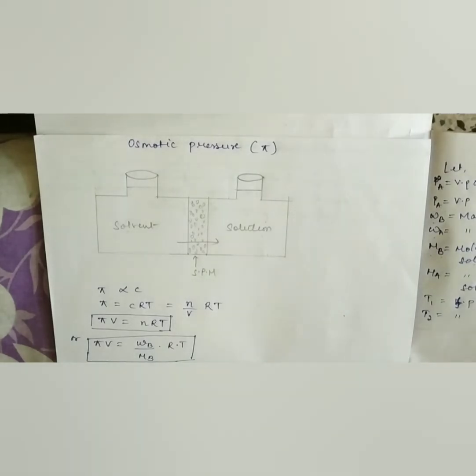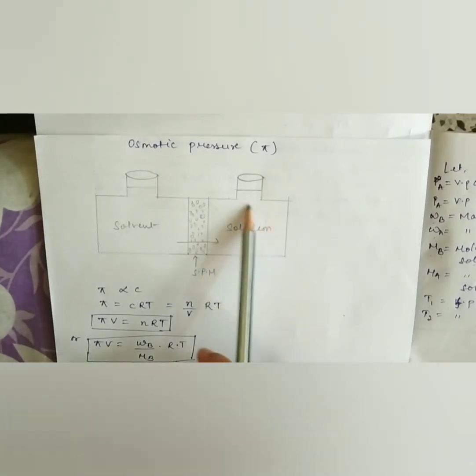So this transference happens due to the pressure difference on both sides of the SPM. If you see closely, in the case of the pure solvent, there are no solute particles present, and on the solution side, non-volatile solute is present in the volatile solvent.